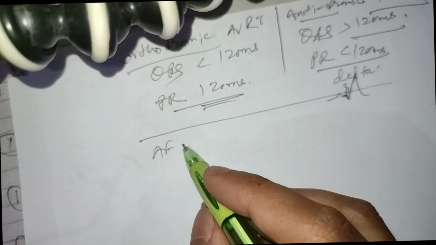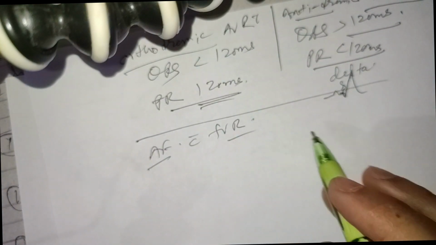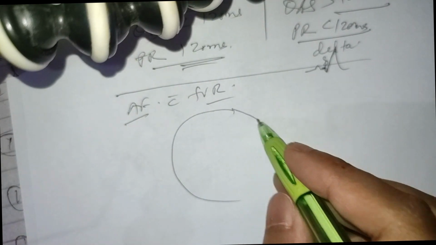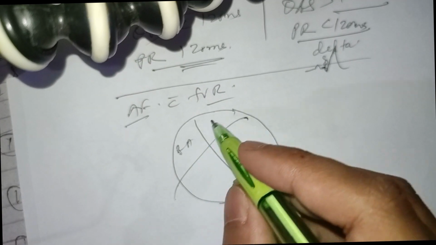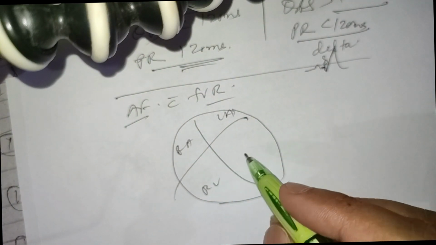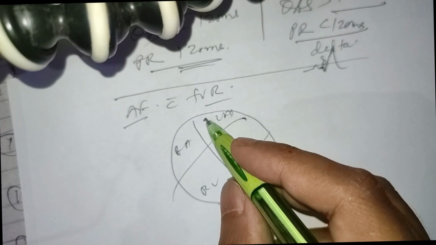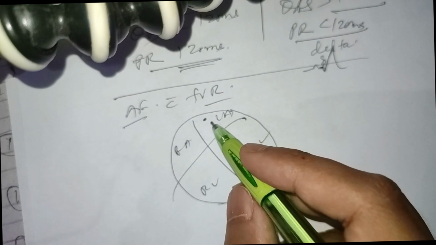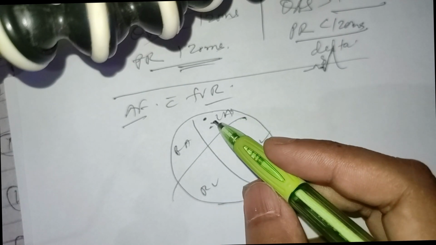And now let's talk about atrial flutter with fast ventricular rate. So let's draw the heart again. This is the right atrium, this is the left atrium, this is the right ventricle, this is the left ventricle. Sometimes there are ectopic sites exciting the impulse.